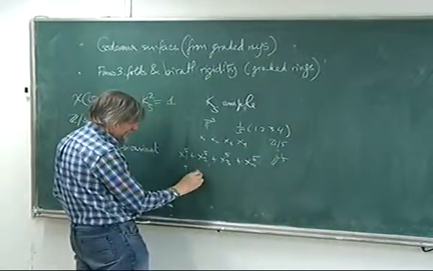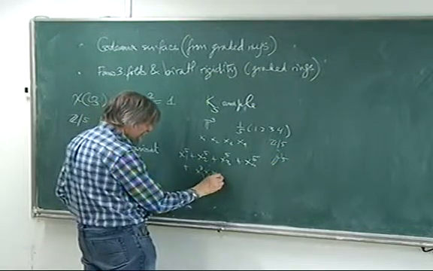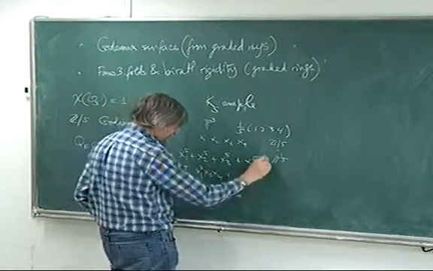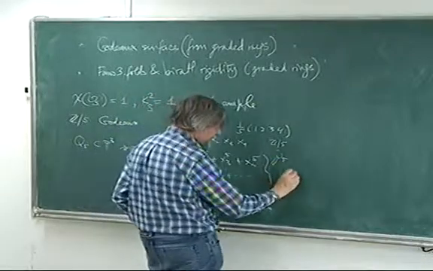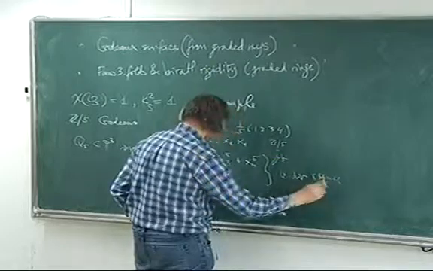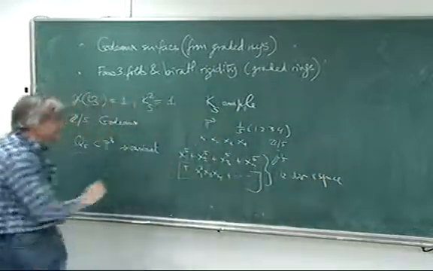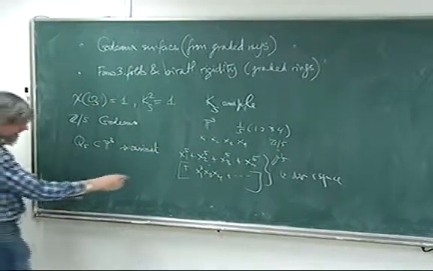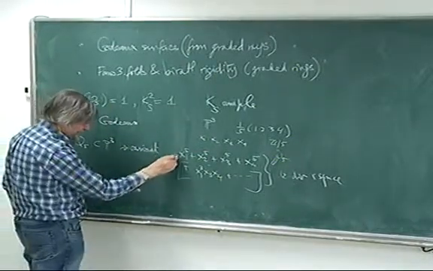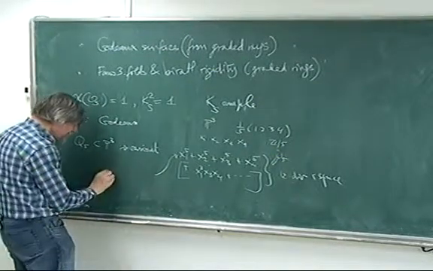So, for example, I can put in x1 cubed x3 x4, plus other terms. So there's actually a 12-dimensional vector space here. But let me just forget the rest, and this is just the simplest thing I can possibly do. So if I take this in characteristic 0, then this is non-singular.